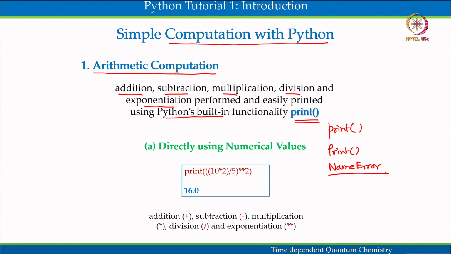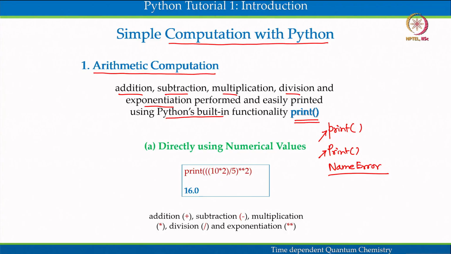The reason I'm getting the name error is that Python distinguishes a small letter from a capital letter, and this is an important instruction to everybody. If you are copying Python programs, make sure that you are not changing any syntax. In Python programming, a and A are two different variables. They are two different syntax.